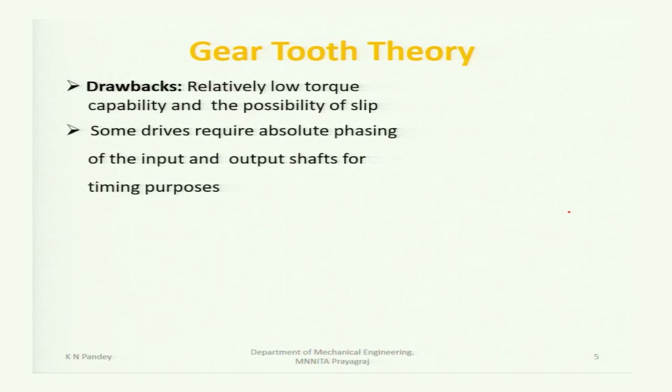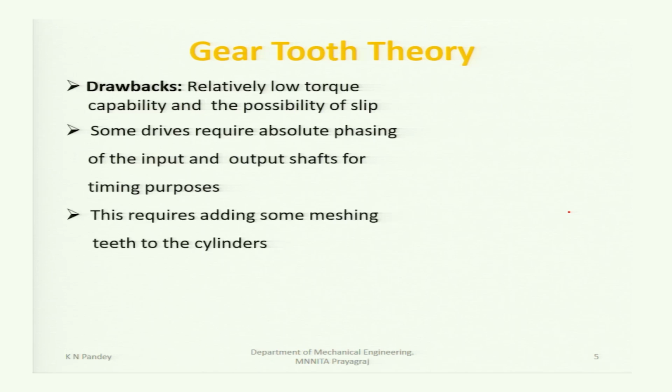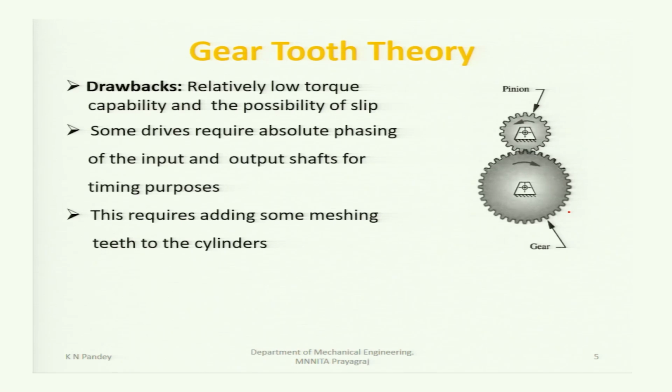Now, some drives require absolute phasing of the input and output shafts for timing purposes. This requires adding some meshing teeth to the cylinders like this. On the cylinders, some teeth are made, and the teeth of one cylinder mesh with the other cylinder.